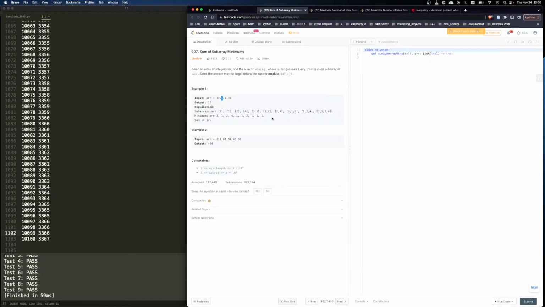So once that is done, we can go look for the second smallest. That's 2. So we want to find all the ones that include 2 but do not include 1. How do we do that? Well, we need to find the position, right?